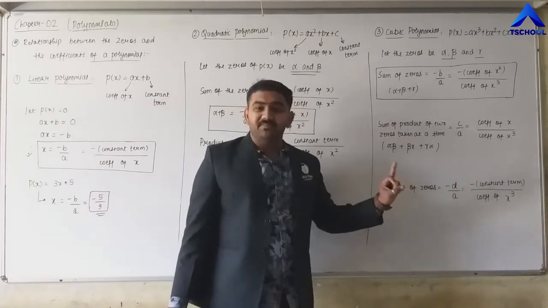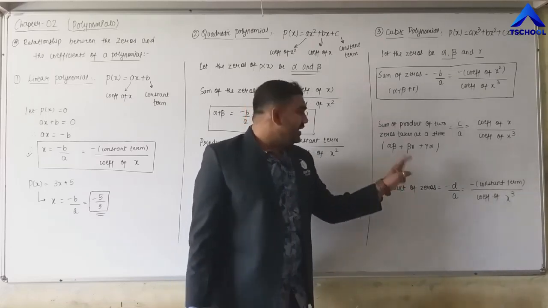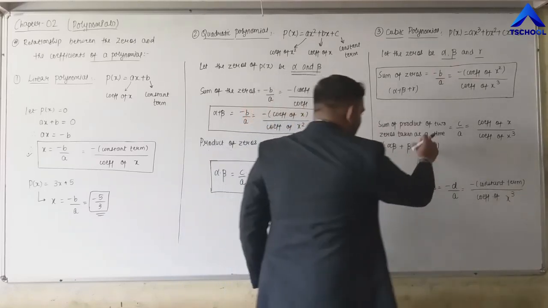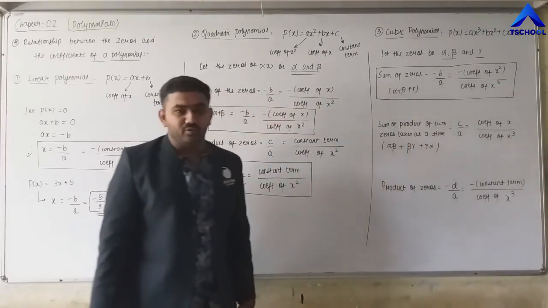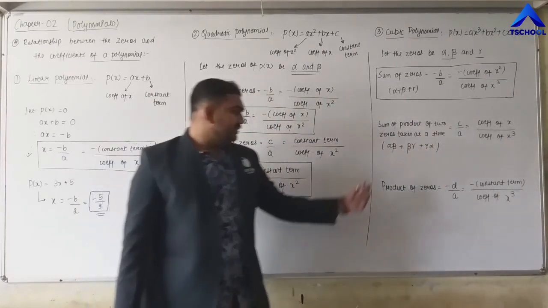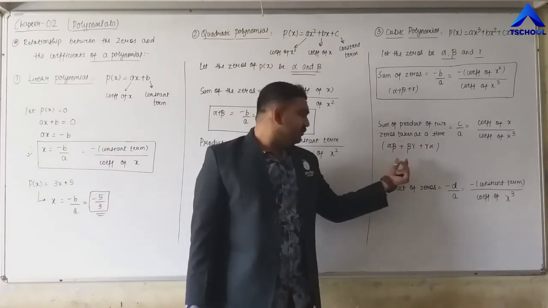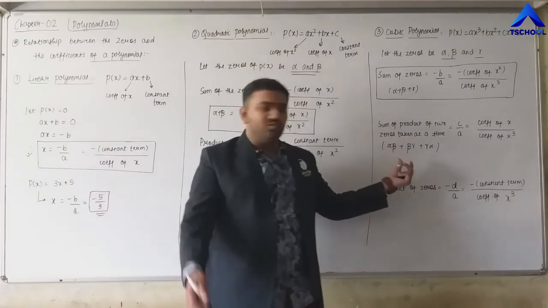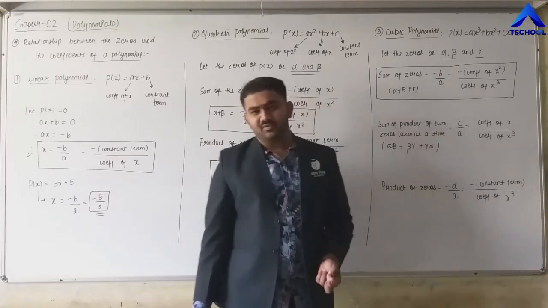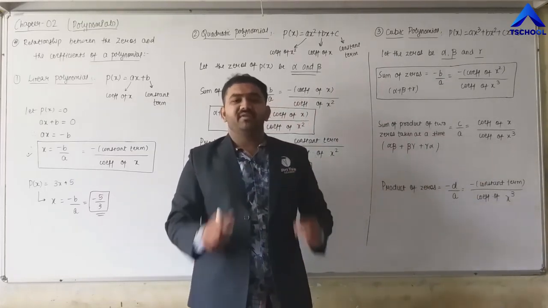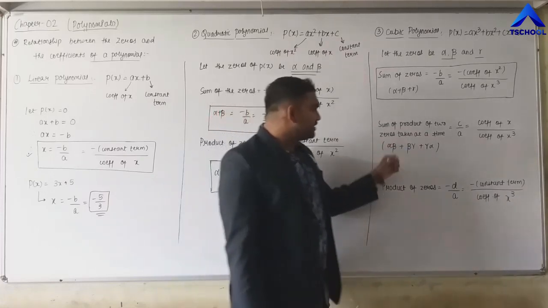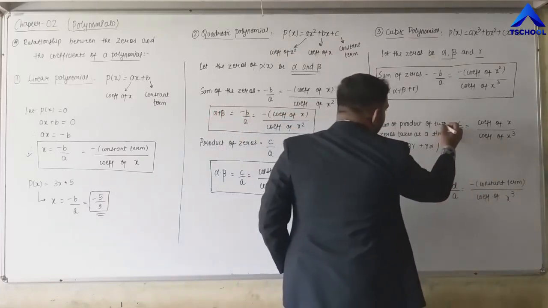Right? Beta gamma simply means beta into gamma, and gamma alpha simply means gamma into alpha. So we are going to first of all multiply these two zeros and then we are going to add them. So that is sum of product of two zeros taken at a time.